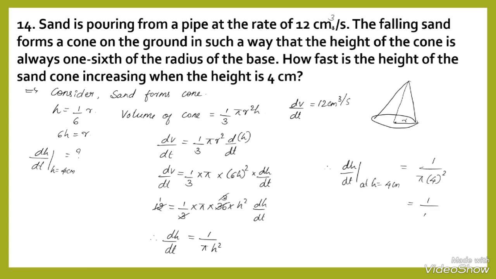Therefore 1 by pi into 16 centimeter per second. Here the value is height, so that is centimeter per second only. The rate of change of height at 4 centimeter is 1 divided by 16 pi centimeter per second, at h equal to 4 centimeter only. This is the result of the given problem.